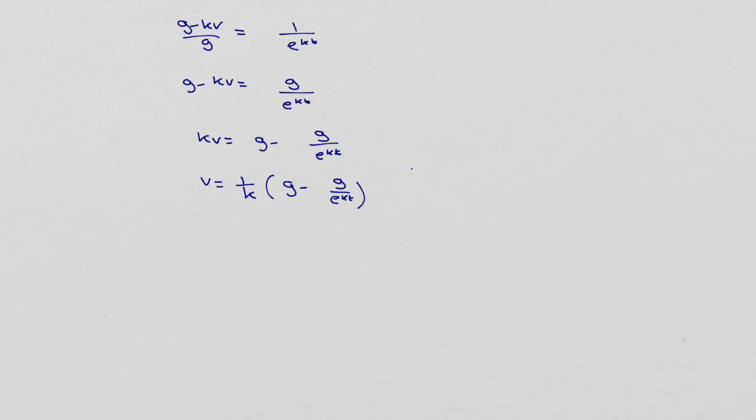I can see g is common, so I'm going to take out the g, which leaves me with 1 minus 1 over e to the kt.